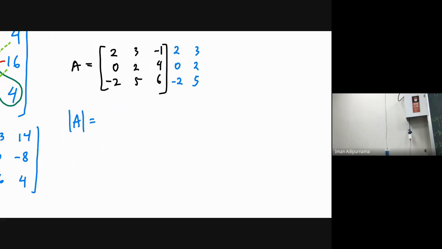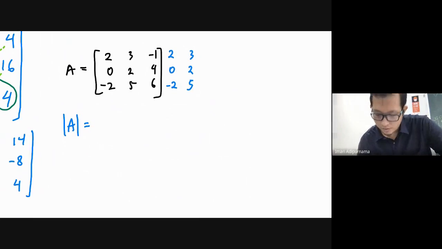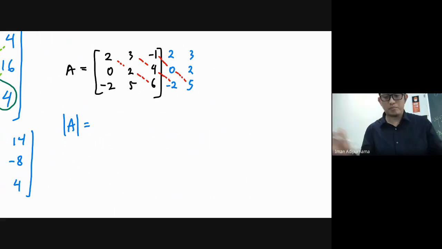So first you calculate the right side, right? And then minus the other one. Let me draw it, so multiply here, multiply this, and multiply this. And we add them together.